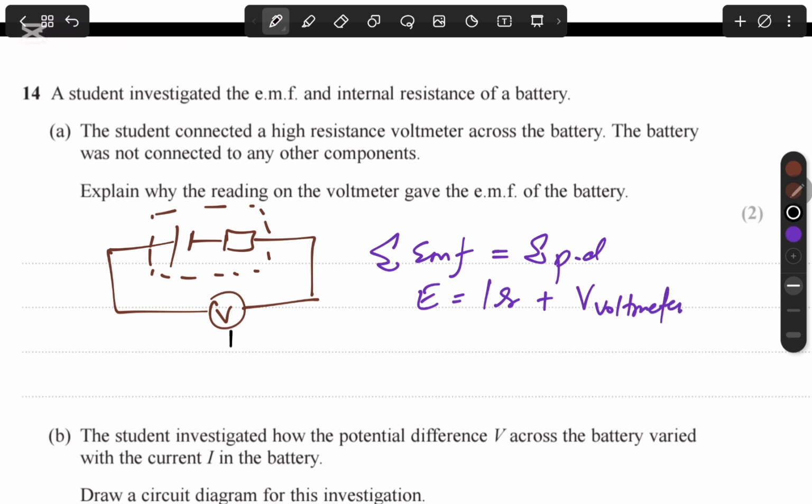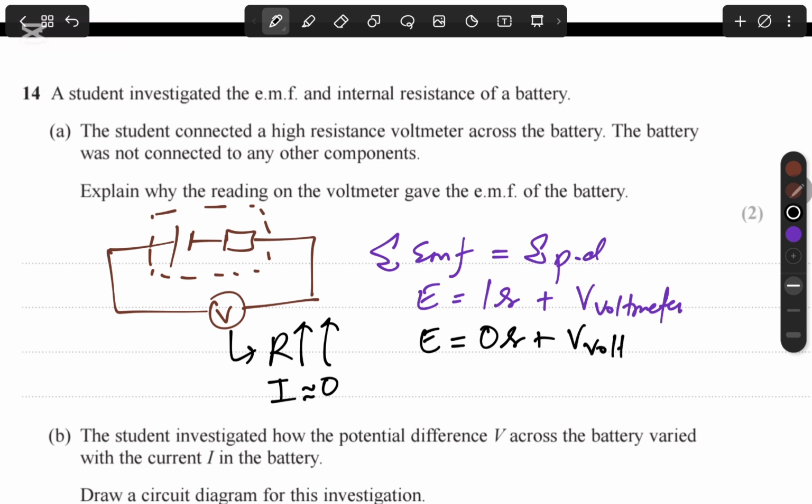Now what's going to happen is the voltmeter has really high resistance. Because of this, the current in this circuit will be approximately equal to 0. So E is equal to, now I is approximately 0, so 0 times r plus V voltmeter.